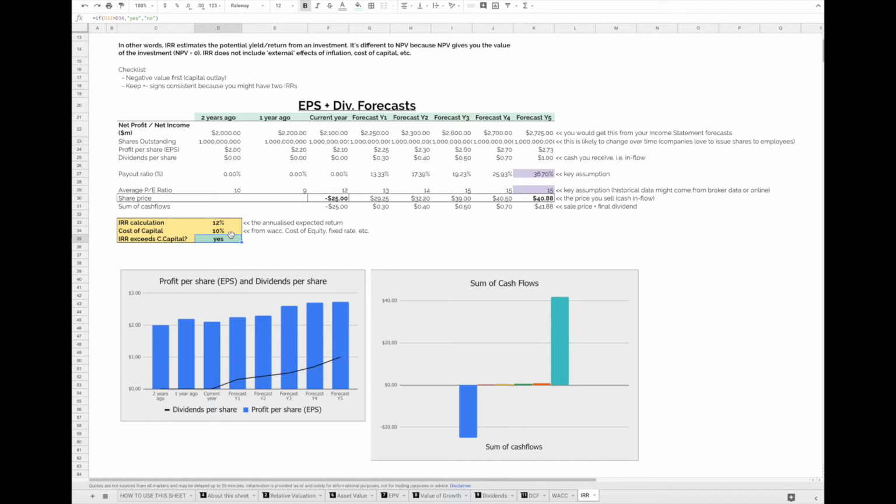Now, some investors don't use this cost of capital as their hurdle, so to speak. Some investors will focus solely on the IRR and say, we expect to achieve a return of 15% on average over a very long period of time. So what a portfolio manager might do, for example, is they might say, we only invest in shares that offer a potential 15% or greater IRR.